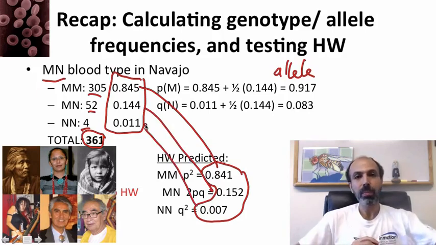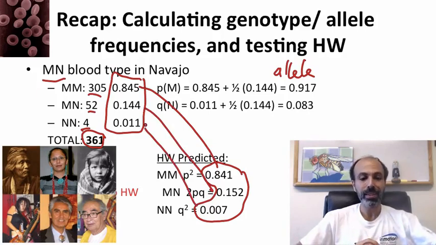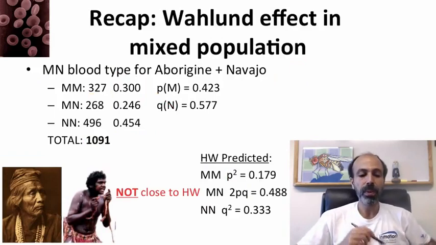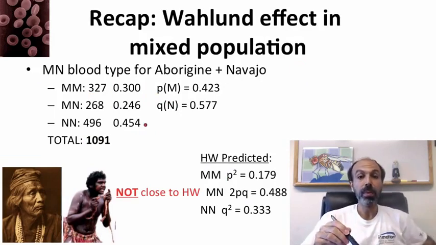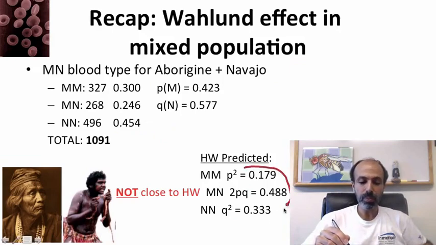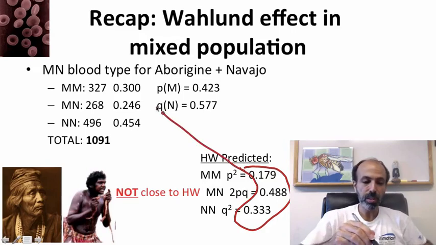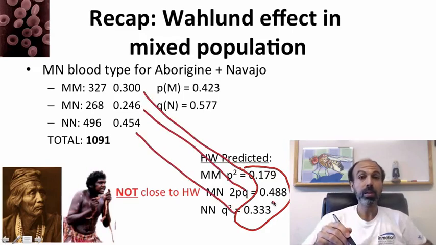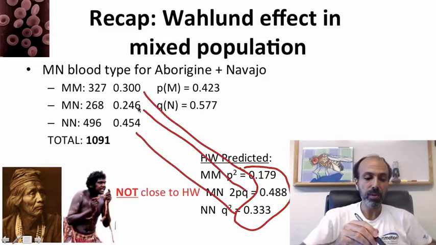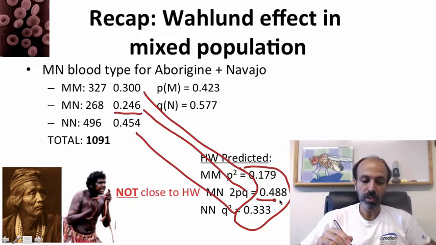Now, what happens when we sample across two populations simultaneously? Well, if we sample from Navajo and Aborigine together, we follow the same overall procedure, but in this case, when we look at the predicted genotype frequencies, they do not very well match the observed genotype frequencies. In particular, we see this deficiency of heterozygotes in the observed relative to the predicted.